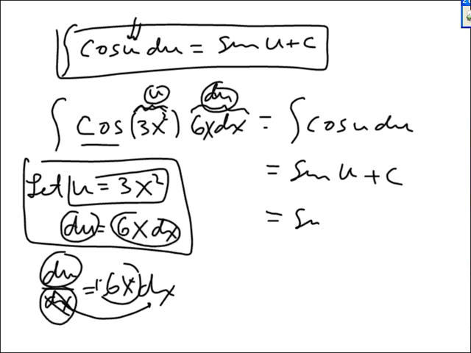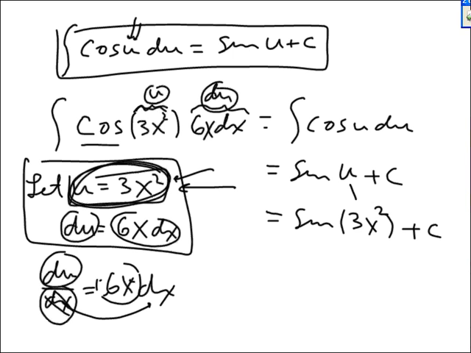Now just substitute back what u was, and you'll be done. And don't guess. I see so many students guessing, oh my, what is u? It's right here. U equals 3x squared. You can always replace equals for equals. Okay, so that one is done.